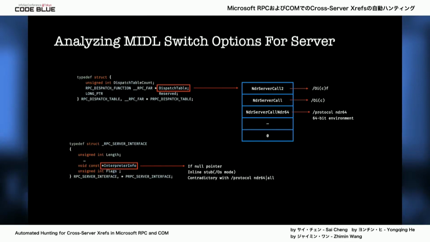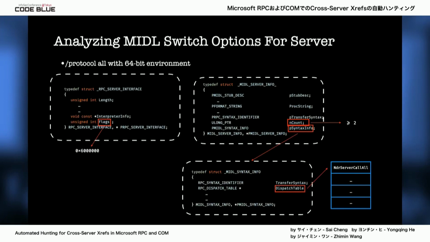For the fully interpreted mode, the OI option uses NdrServerCall, while OIF uses NdrServerCall2. If the specified transfer syntax is NDR64, use NdrServerCallNdr64. For inline stub mode, use the Os option to compile, and the InterpreterInfo field of the RPC server interface is a non-pointer.